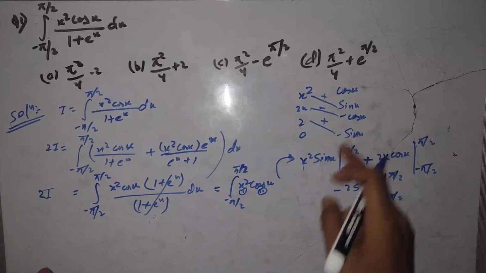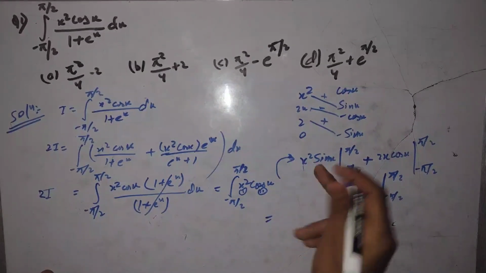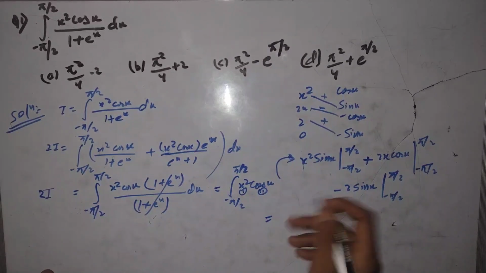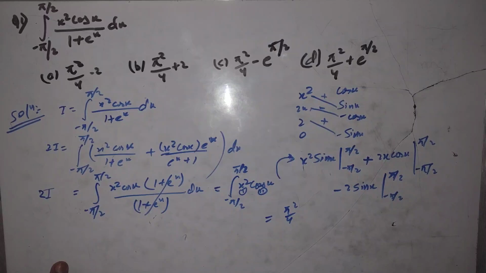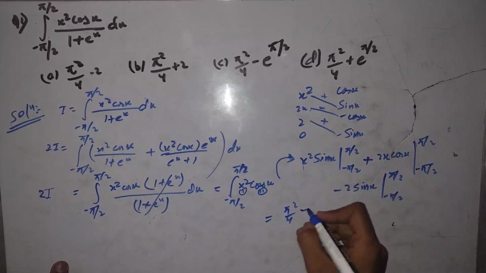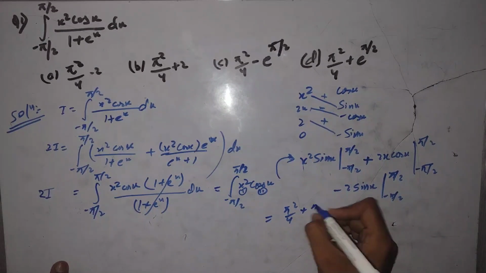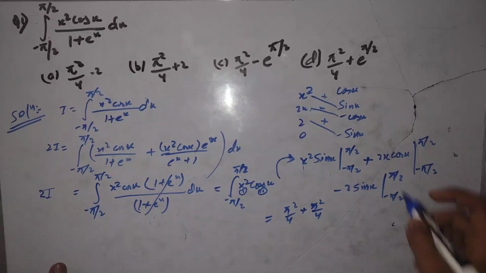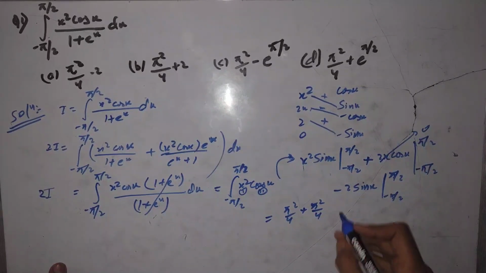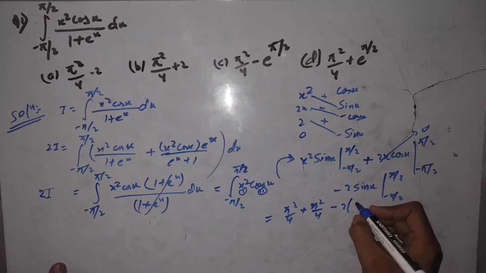Okay, if we put this limit here, we can solve this. This is pi square by 4, and this minus becomes plus here, so this again also becomes pi square by 4. And this will be 0 because cos of pi by 2 is 0, so this whole thing will be 0. This is very obvious, and this will be minus 2 sine of pi by 2, this is 2.